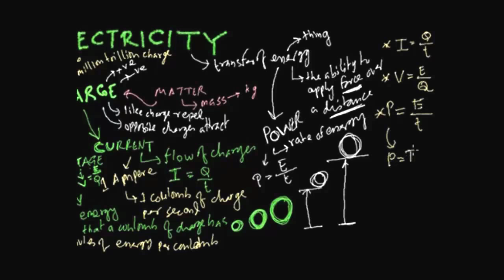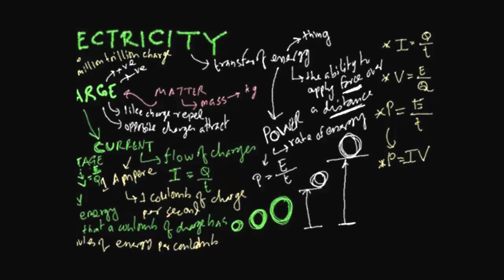Power equals IV. This is very simple, because we know that volt is energy by Q. So instead of E, I can write VQ, and I know Q by T is I, current. So I can rearrange this and get a new formula. That's it, nothing fancy, just basic algebra.